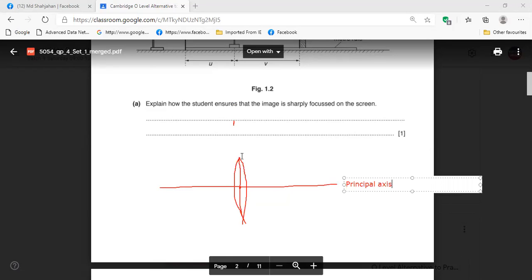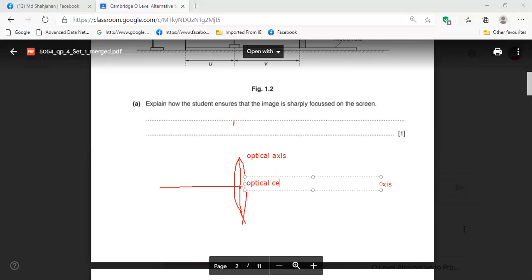And this is optical axis, the vertical one. And this one is optical center, the center one. So you can understand it, optical center. I'm writing here optical center. Label with O, optical center, O.